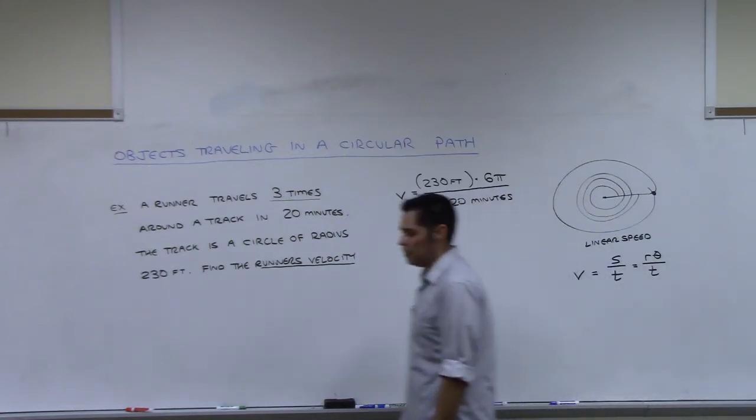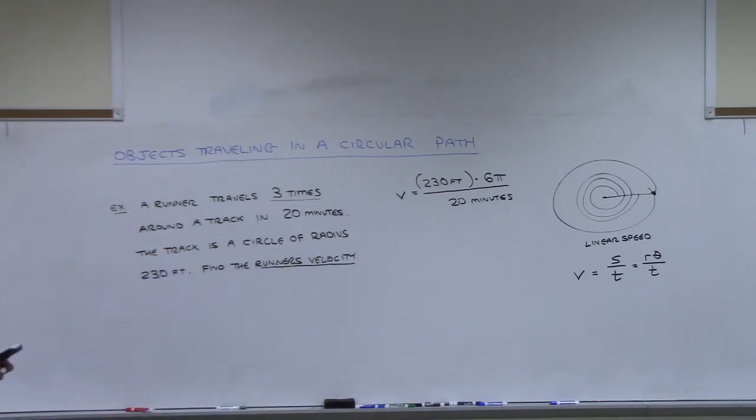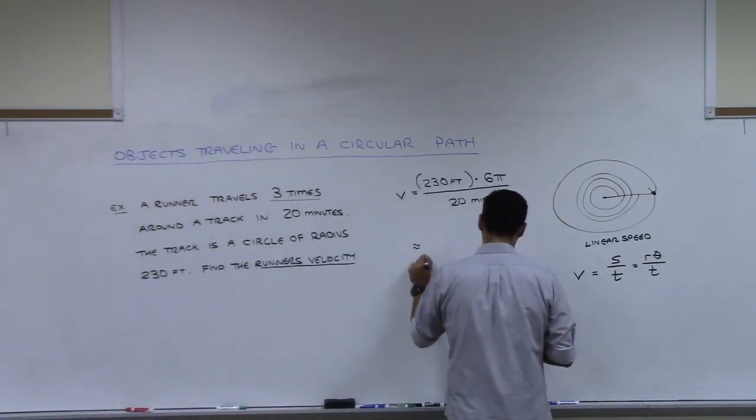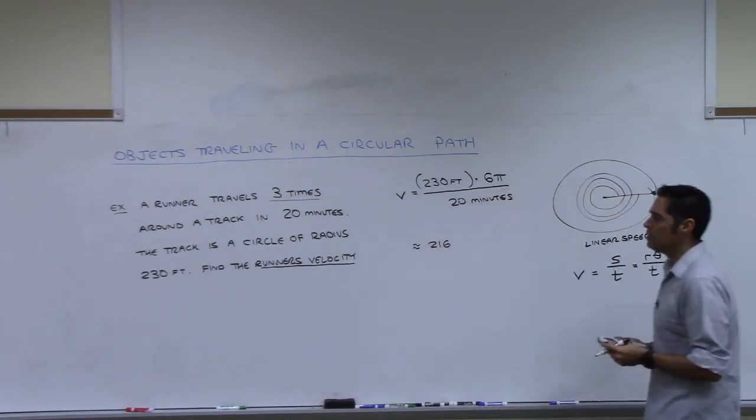And now compute. So I'll get my calculator here. I'm going to go ahead and give you the approximate answer. So 230 times 6 times pi, and I'm going to divide that by 20. I'm getting approximately 216 what?